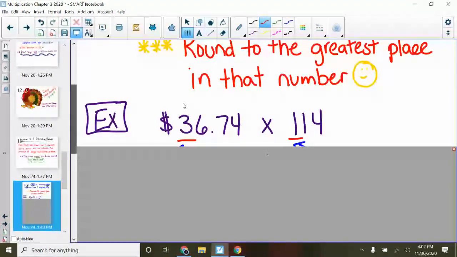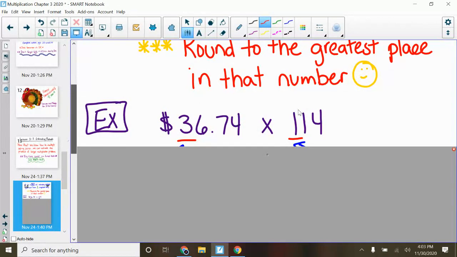Now I understand why it was so important that we spent time in chapters 1 and 2 on place value, because we have to know the value of a number when it sits in a certain place. So this 3 is the largest place in this whole number. If I look at the whole number $36.74, the digit in the greatest place is the 3.